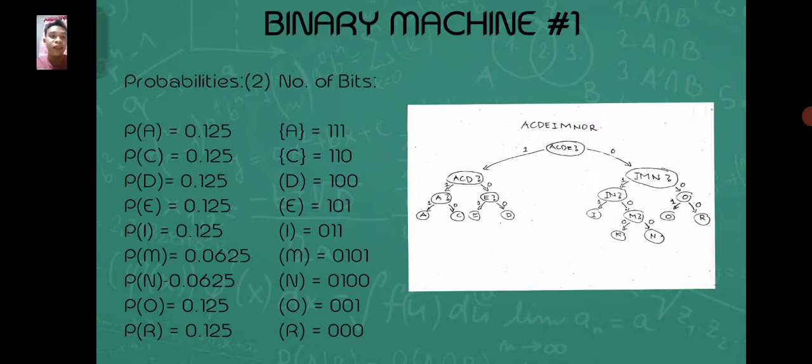And for the letter M, the probability is 0.0625, and the bits are 0101. For N, the bits are 0100, and the probability is 0.0625.